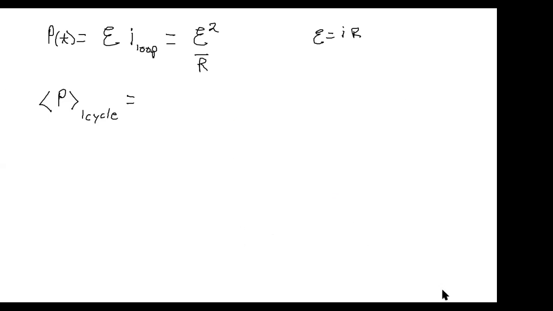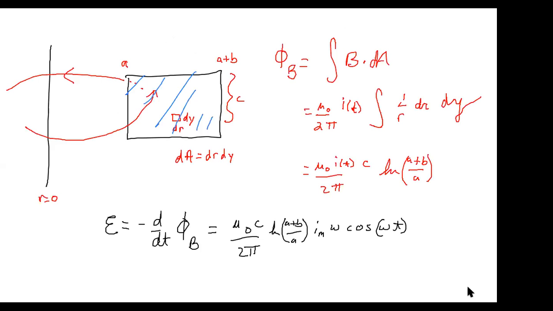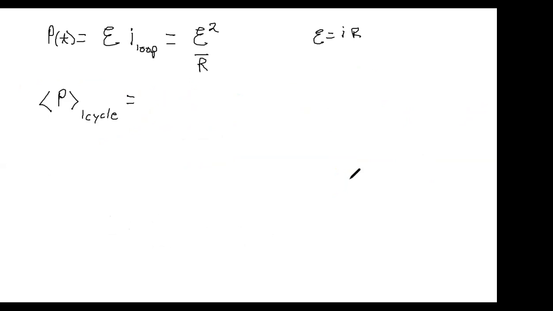Let me stare at it and try to remember it. Mu naught C I max log of (A plus B) over A times C over 2 pi, and then there's an omega.